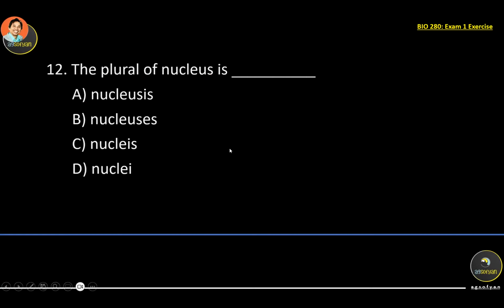The plural of nucleus is A, B, C, or D. Okay, now this is the general rule. If you see US over here, then the plural will change to I. That's the general rule for making a plural from the singular using US.